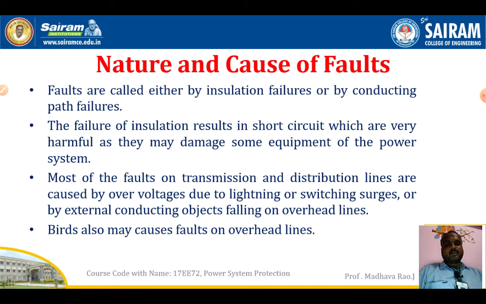If equipment is damaged and replaced every time, the cost will increase. We cannot invest every time, so we are using protective devices. Where do faults mainly occur? Most faults on transmission and distribution lines are caused by over voltages due to lightning or switching surges, or by external conducting objects falling on overhead lines.